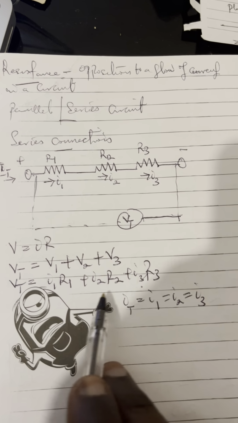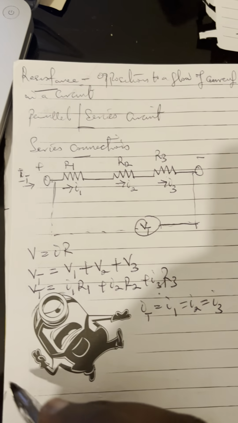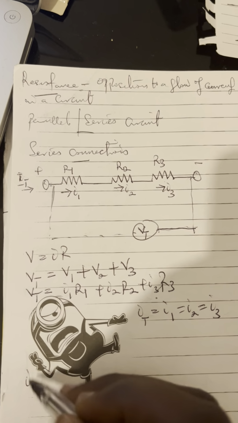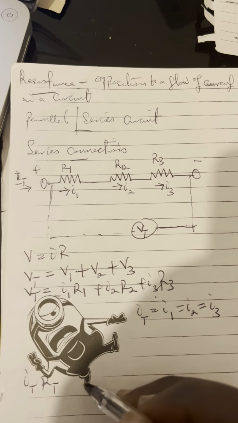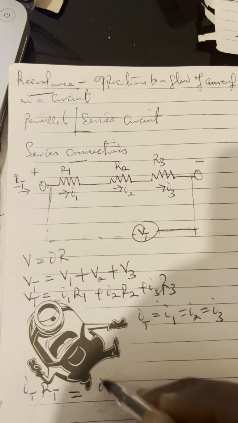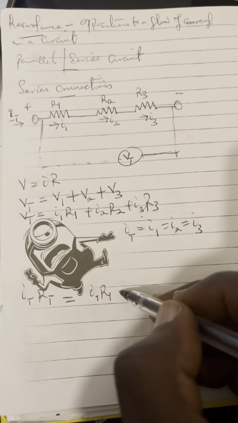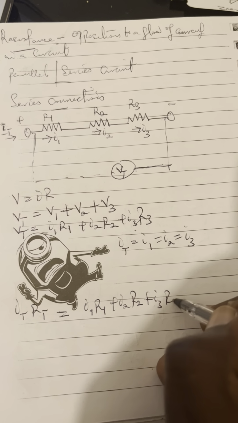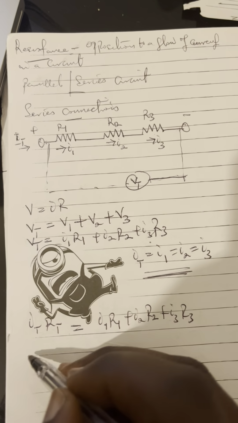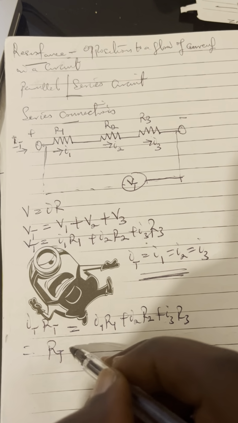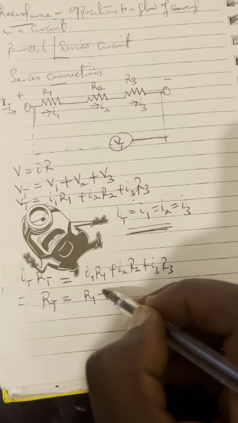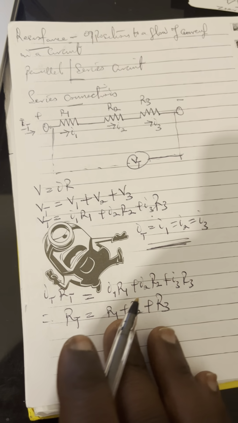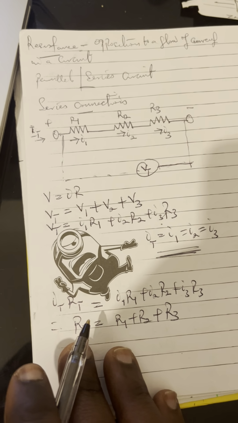Therefore V total will be equal to I total R total, which equals I1 R1 plus I2 R2 plus I3 R3. Since the currents are equal, R total will be equal to R1 plus R2 plus R3. This is the resistance in series connection.